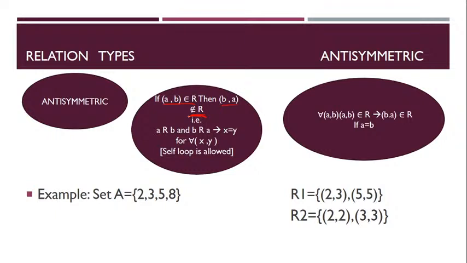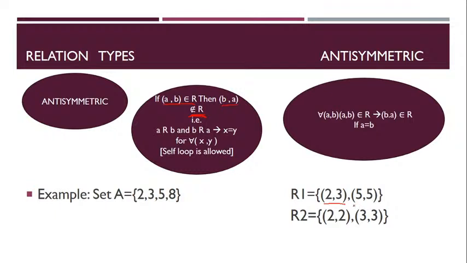And that is the reason, in the relation R1 we are talking about, 2 3 is present in R1. With respect to set A, 2 3 is there, so it is expected that 3 2 must not be there. And yes, in the relation R1, 3 2 is not there. So no bidirectional edge except the self loop.